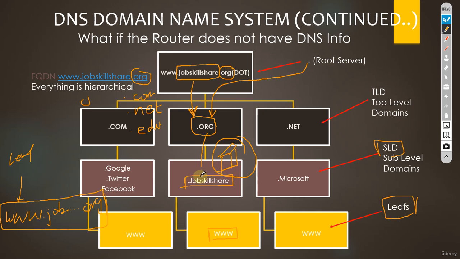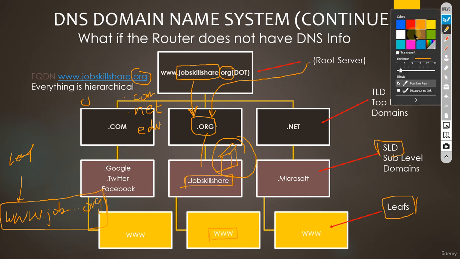So after that, it finds out the public IP for job skill share is, let's say, something like 161.69.51.2. So this information will be sent back to the org server. The org server will send this information back to the root server, and then the root server will send it back to our DNS resolver or the access point.